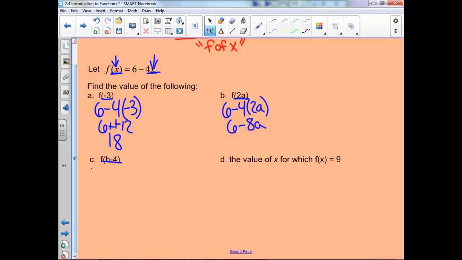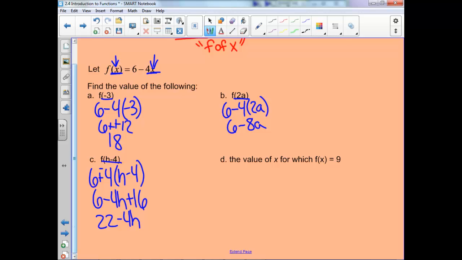So we just substitute that in. 6 minus 4 times h minus 4. Distribute this -4, so we'll have -4h plus 16. The 6 and the 16 are like terms, so we can combine them. And we'll get 22 minus 4h.